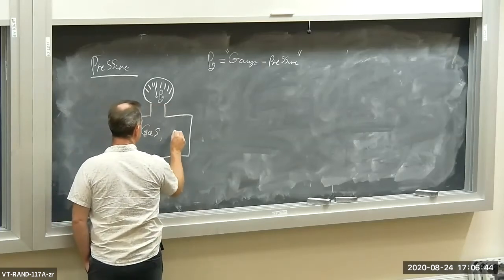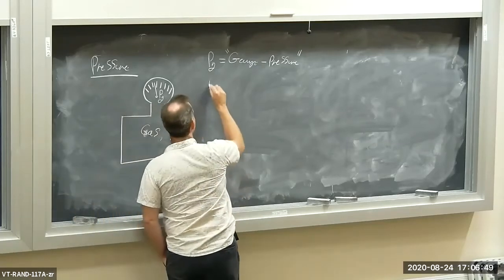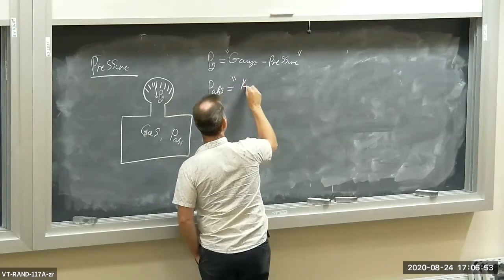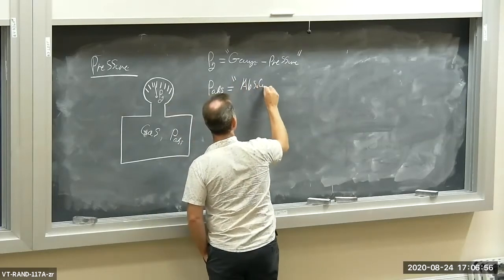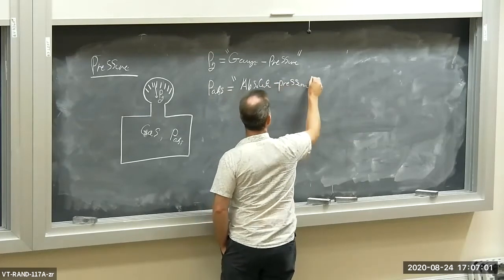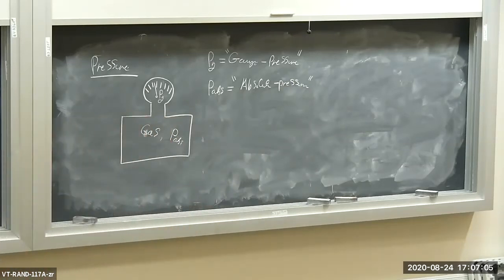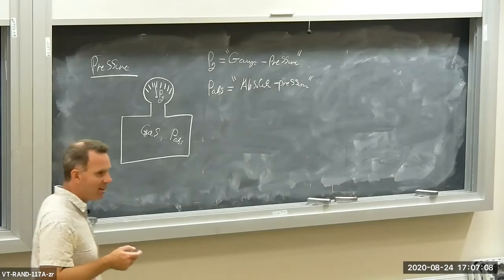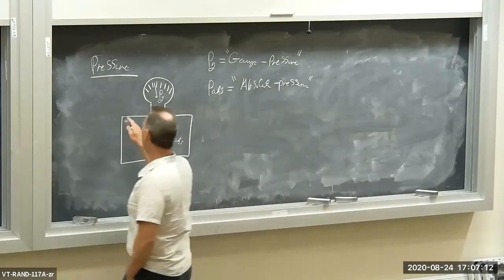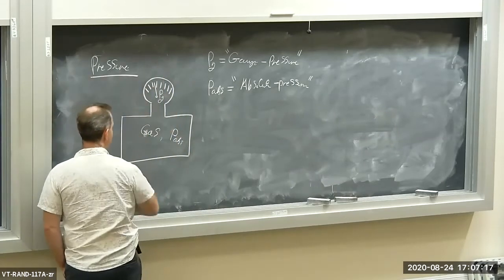Then we've got the actual absolute pressure inside of the tank. So we have P ABS, P absolute, that is the absolute pressure. It's the pressure, not as measured by a gauge, but the pressure. And then we have a pressure outside of the tank and outside of the gauge, out here in the environment.